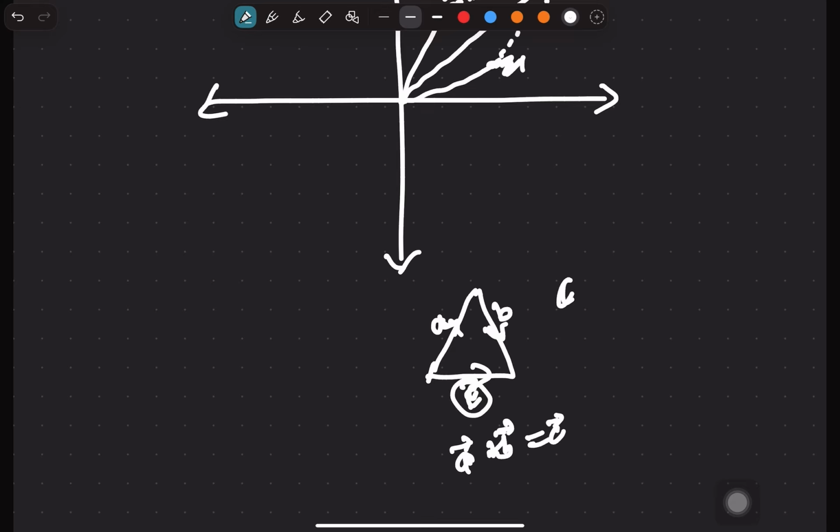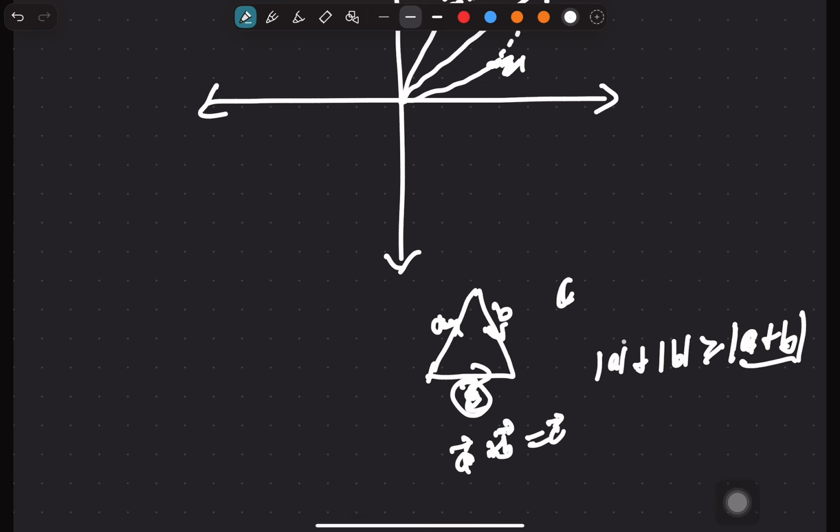Now this is why the triangle inequality applies. The magnitude of A plus the magnitude of B should be greater than or equal to the magnitude of A plus B. Now, A plus B is the C over here.